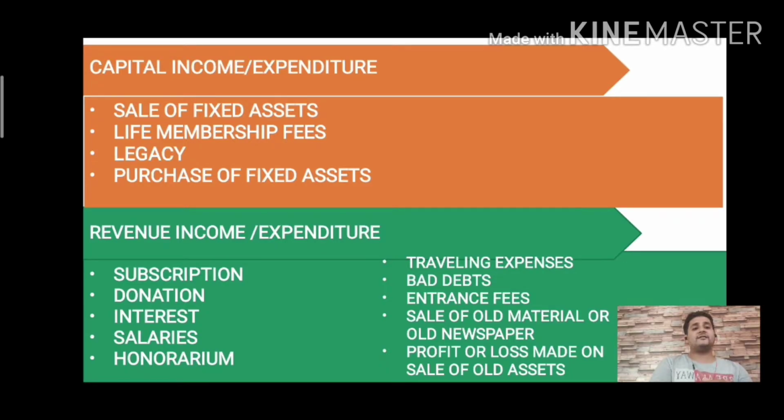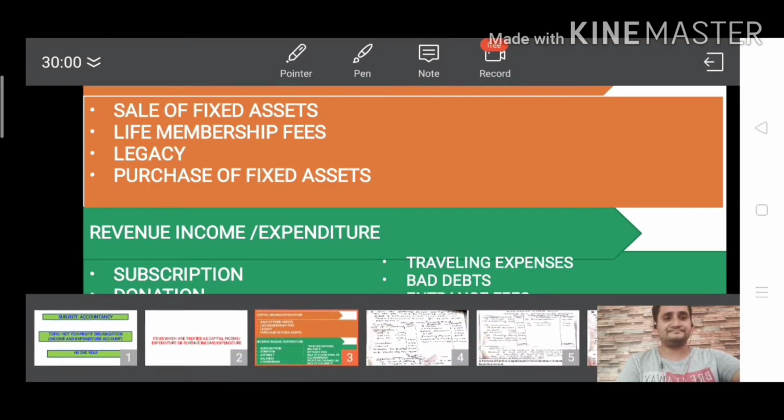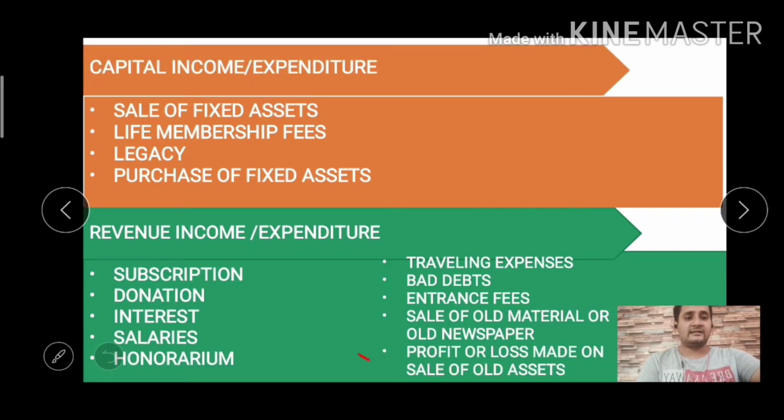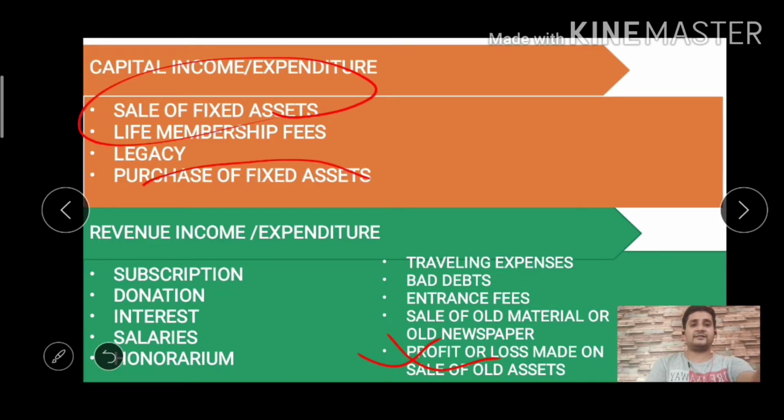Next, profit or loss made on sale of old assets, very important. This point, profit or loss made on sale of old assets, comes under the income and expenditure account. But sale of fixed assets and purchase of fixed assets will not come while preparing the income and expenditure account.